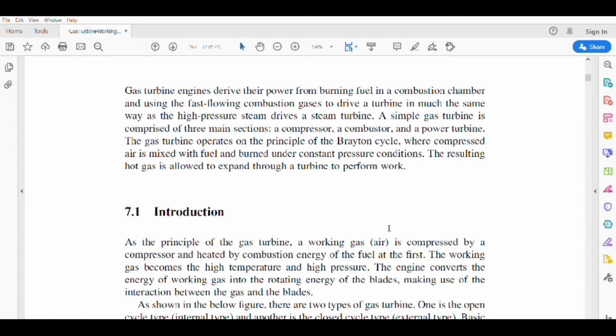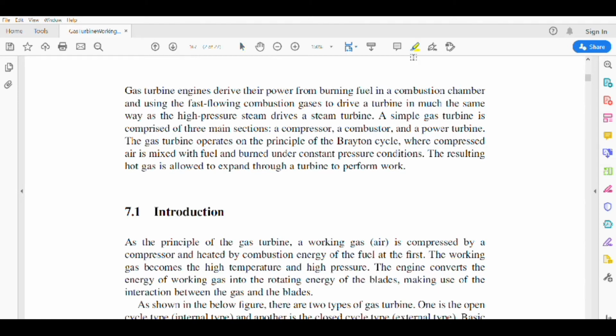A simple gas turbine is comprised of three main sections: a compressor, a combustor, and a power turbine. The gas turbine operates on the principle of the Brayton cycle. Here is the most important one, the Brayton cycle.